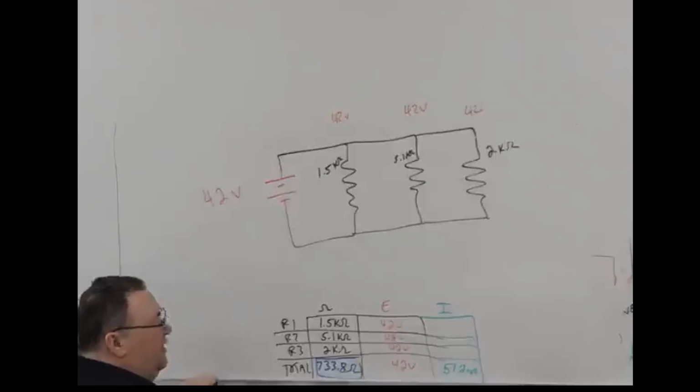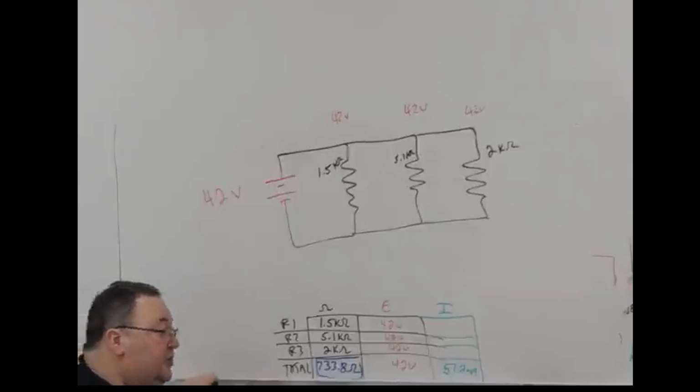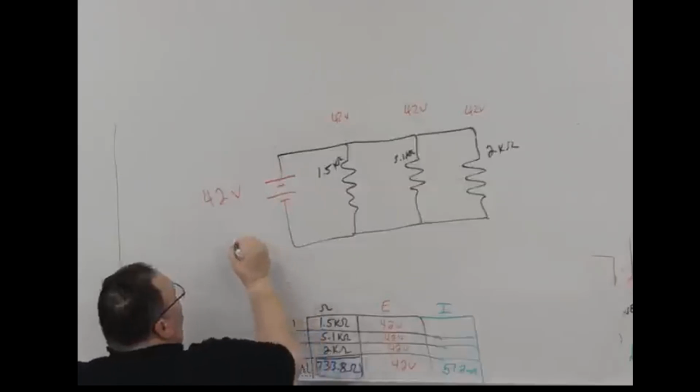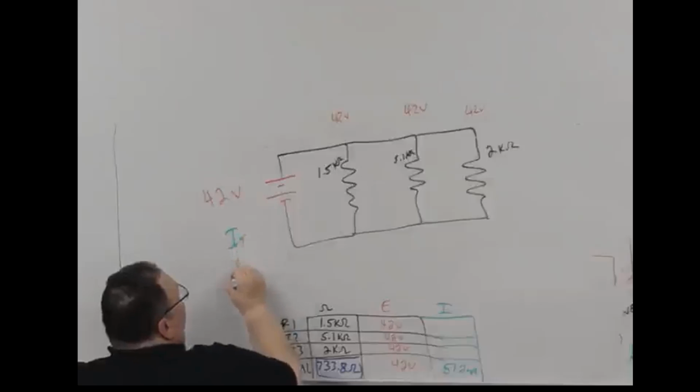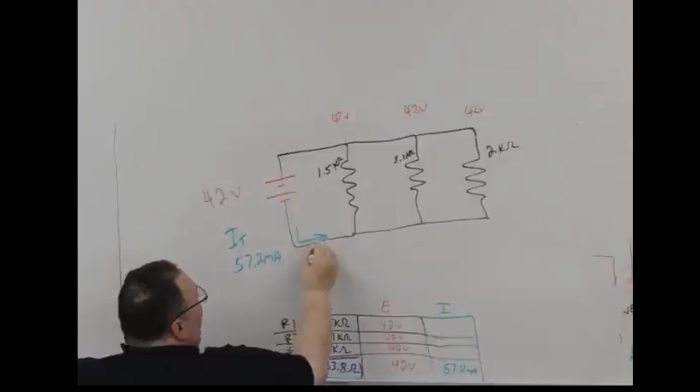I trust you're doing these calculations because they need to become second nature to you when you get into the labs, quizzes, etc. You need to be able to solve these circuits. I have a total of 57.2 milliamps, so that's flowing through here.